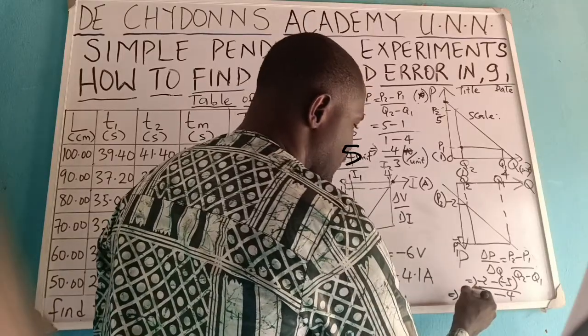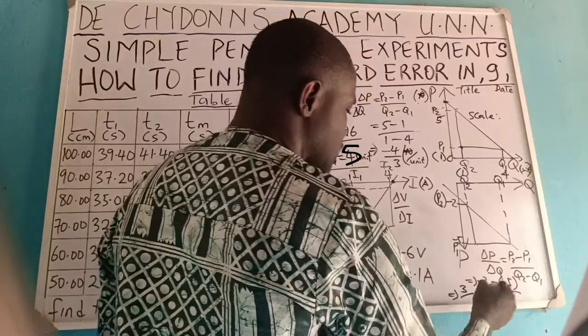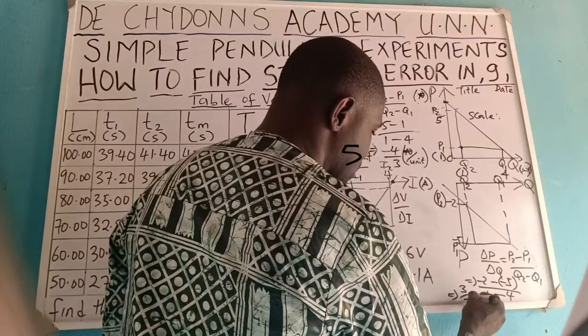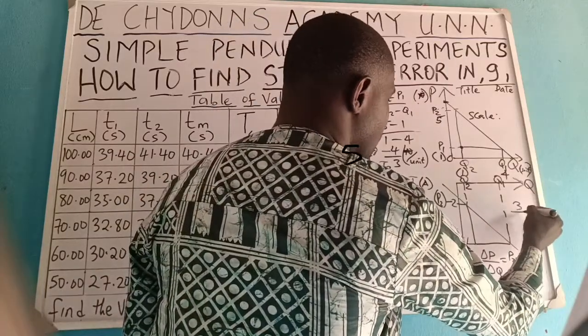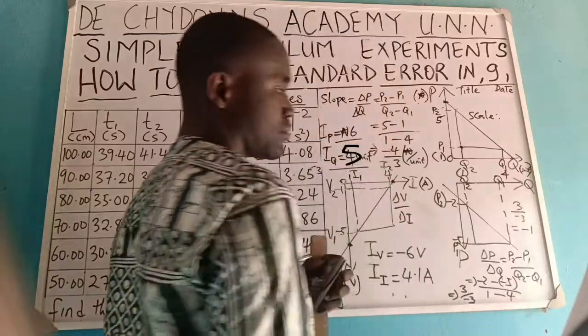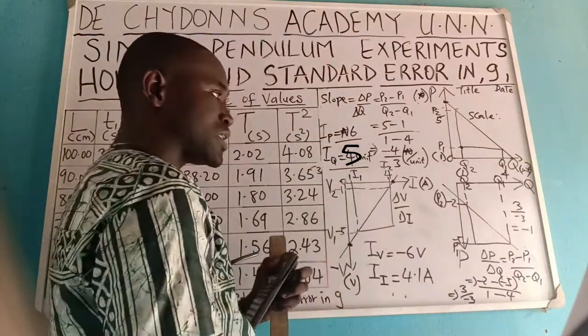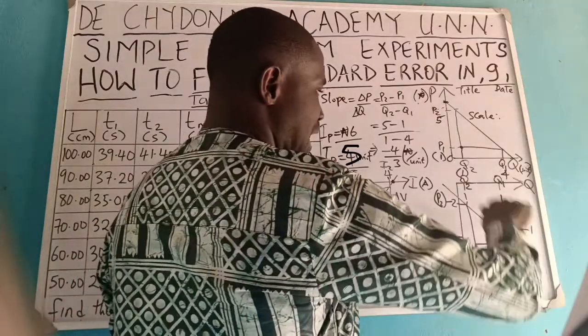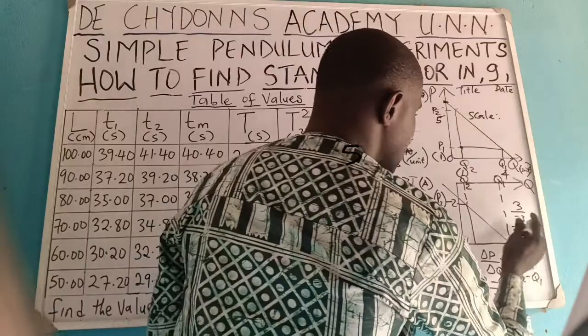Minus 2 plus 5 is 3, all over 1 minus 4 is minus 3. That means the slope of this is 3 over minus 3 and equal to minus 1. Minus 1. That is negative slope. That is what it means, that any graph going that way is a negative graph. What is the unit?